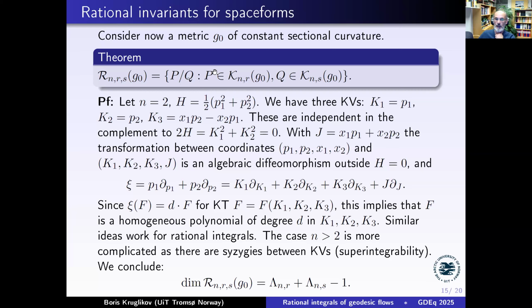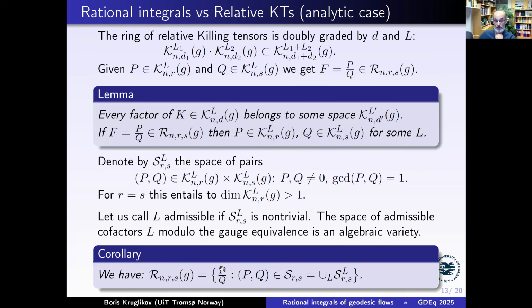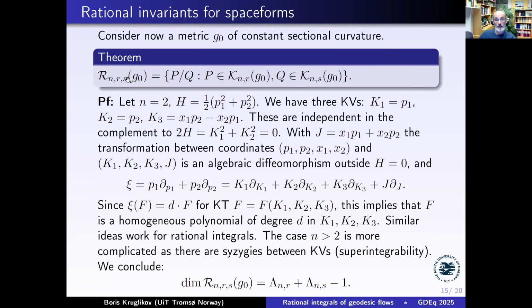So P and Q are absolute Killing tensors. So that's their ratio, right? If you go back to this thing, that's of course a ratio, but here P and Q could be relative with non-zero or non-cohomologous to zero cofactor L. But for a flat metric, we claim that there will be no cofactor.